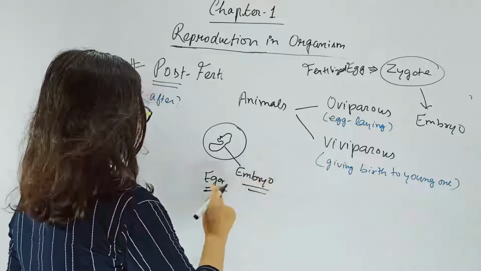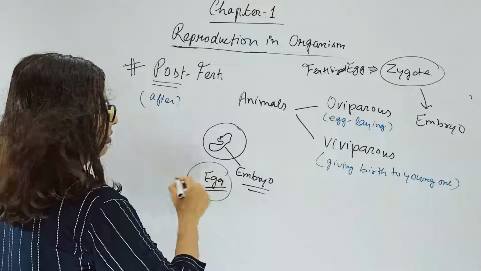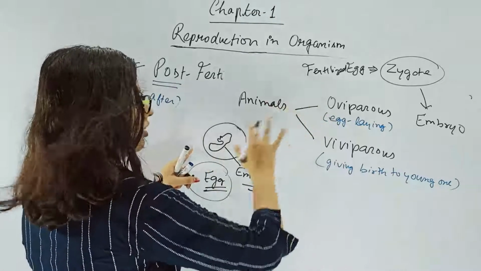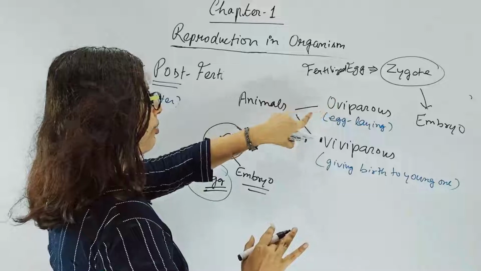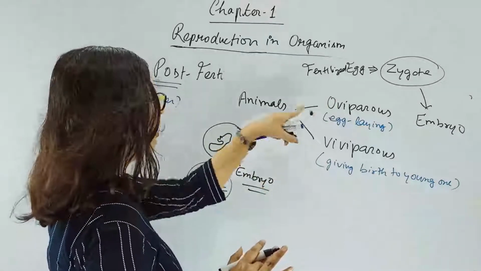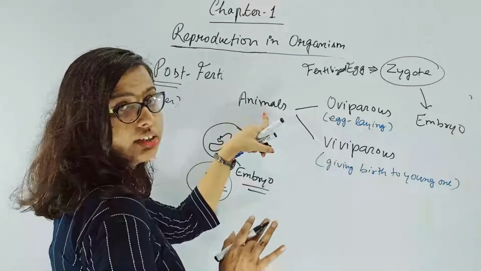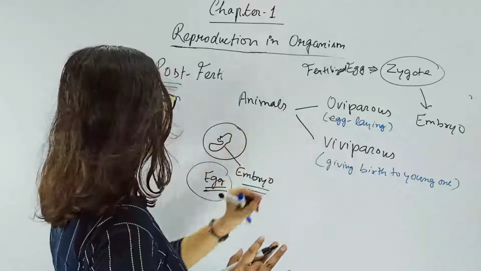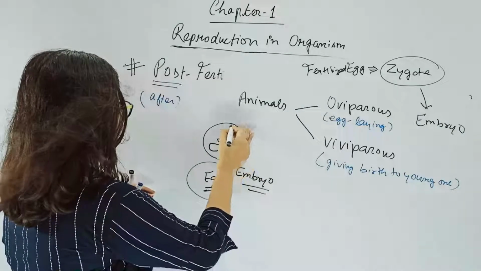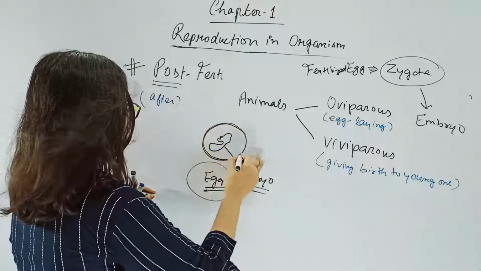Embryo development happens in the egg. This type of phenomenon is termed oviparity, and the animal undergoing such development is oviparous. Then there is calcium deposition.